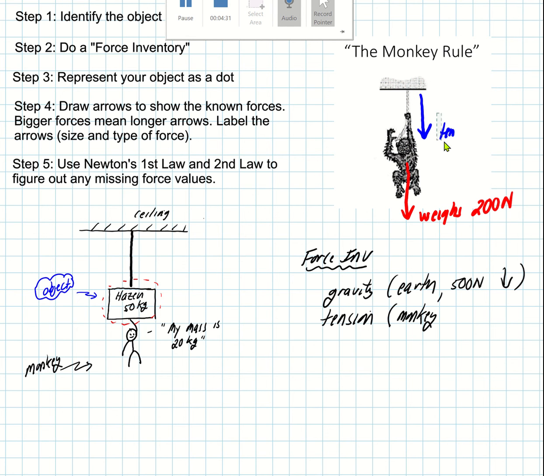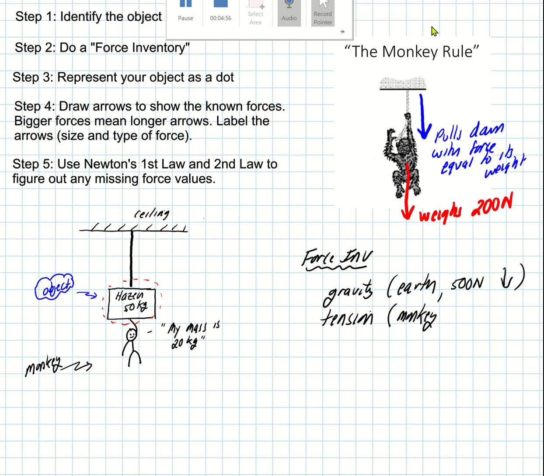Okay, it basically pulls down on whatever it's hanging from with force equal to its weight. I guess you could say that is a tension force. Pulling is always going to be tension.